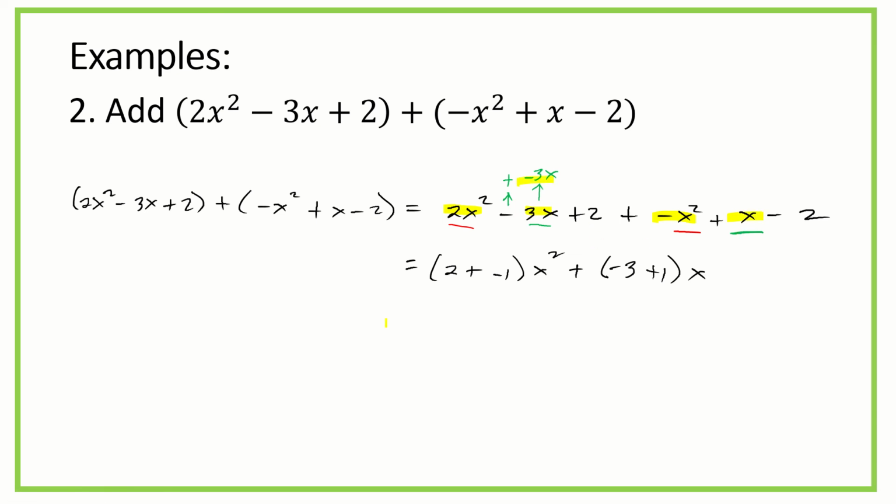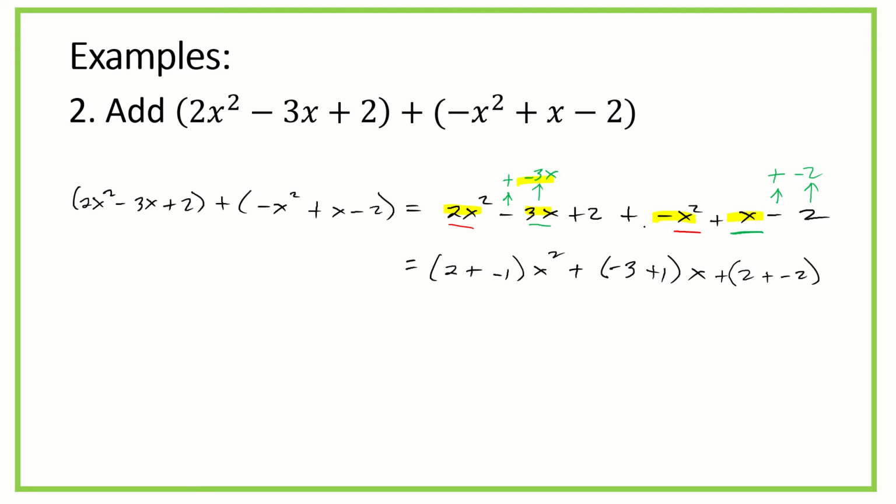Next would be the two constant terms. We have plus 2, but this is a minus again. So instead of thinking of a minus, you'll think of it as plus. Then this one from positive 2 to negative 2. So this would be 2 plus negative 2, because both are constant terms.